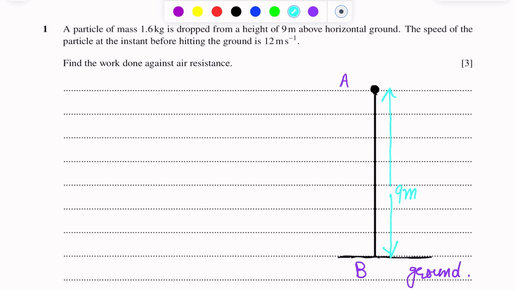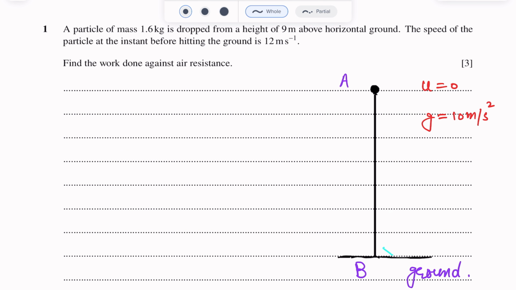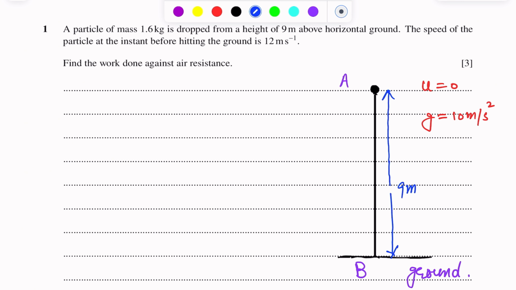When the particle is dropped, its initial speed will be 0. And the value of acceleration due to gravity will be 10 meters per second squared, positive because the particle is moving downward. It is 9 meters above the ground.